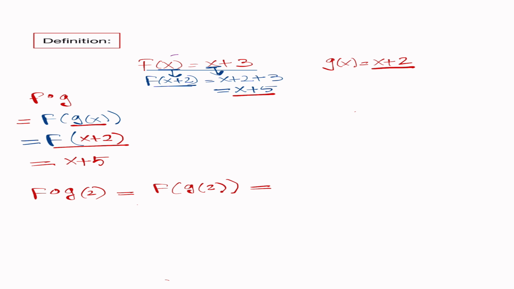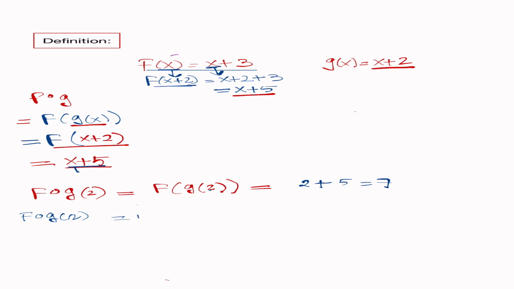Since you already found the function x plus 5, you can plug 2 into x plus 5. That means instead of x, you plug in 2, then plus 5, which is 7. Or you can do it the other way, like this.